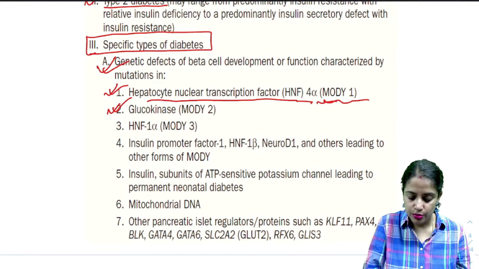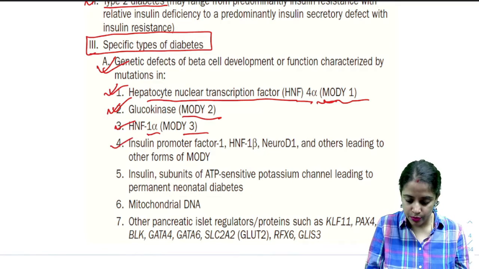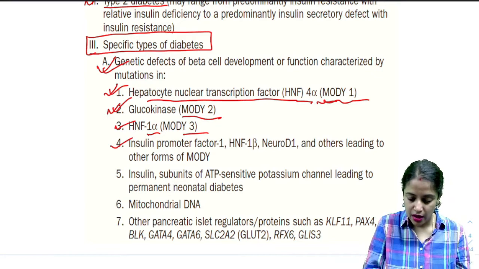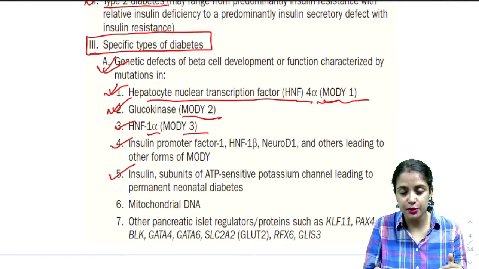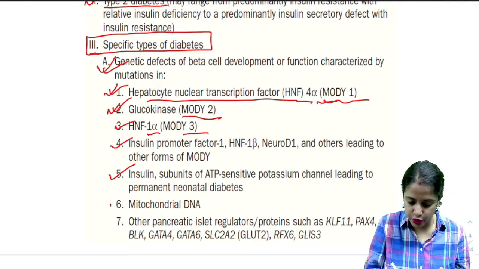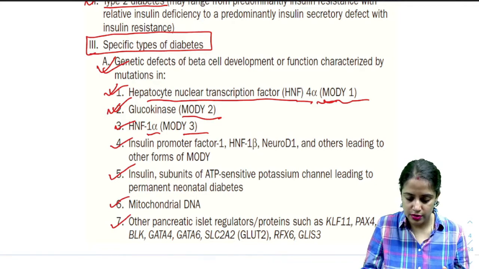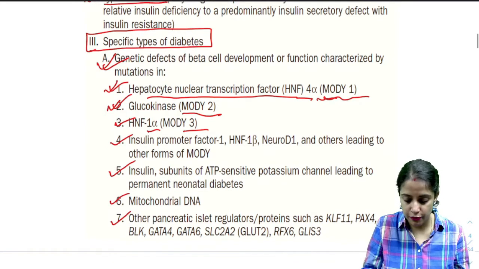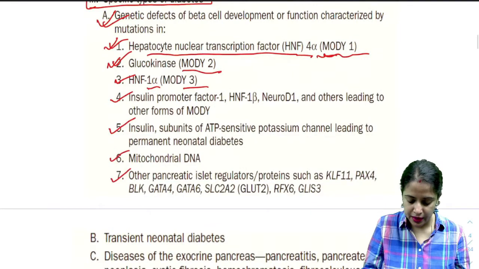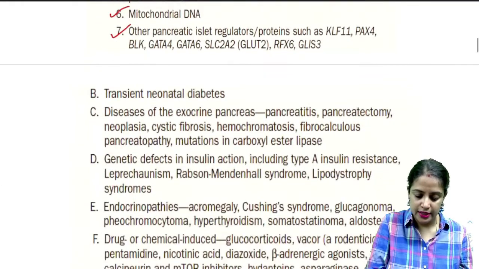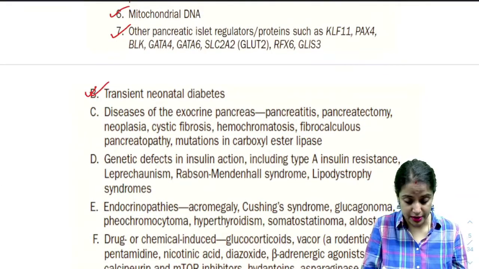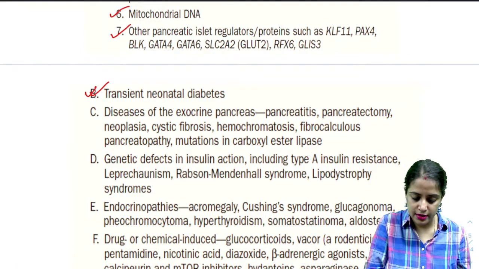Glucokinase, MODY2; HNF1 alpha, MODY3; some others like insulin promoter factor 1, problems in the subunits of the ATP sensitive potassium channel, mitochondrial DNA, and other genetic mutations lead to certain genetic types of diabetes mellitus. There may also be transient neonatal diabetes in newborns.